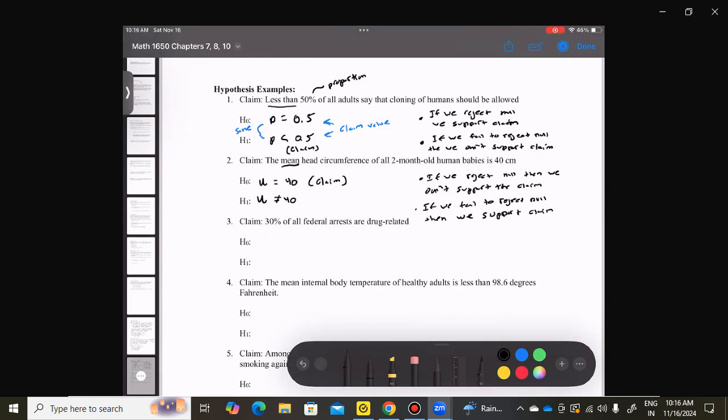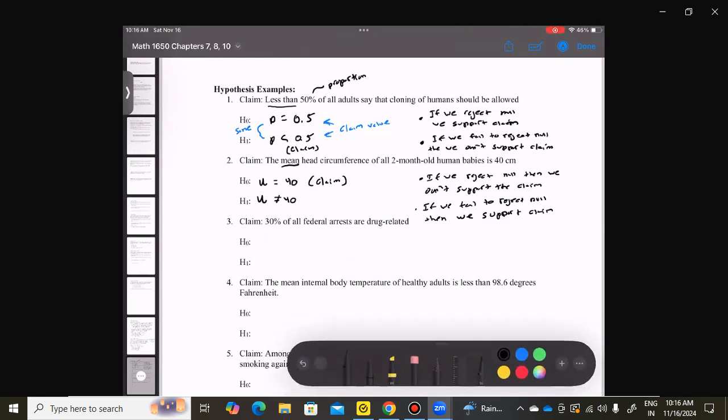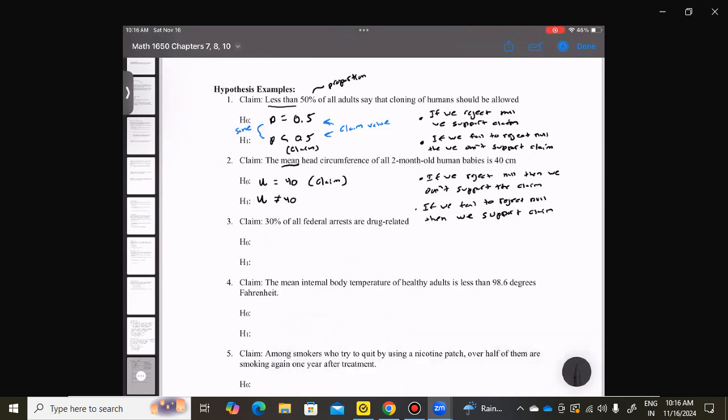These are opposite of question 1. And the reason is it all depends on which hypothesis is the claim. And it all depends on how the question is written. So don't think that it's definitely one way. You have to use some critical thinking, get your mind around what are they asking, how are they asking it, and what does our data state about the claim.